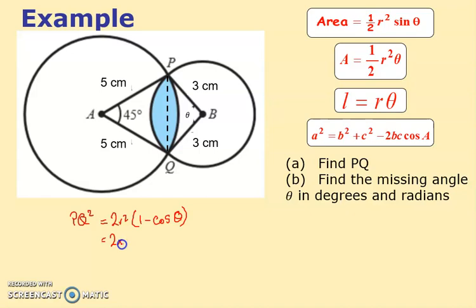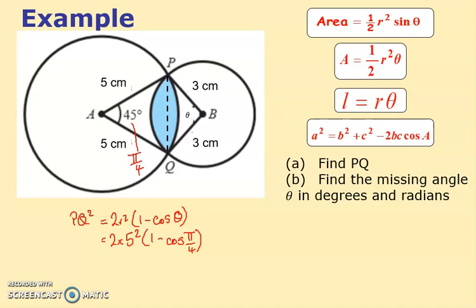So it's 2 times 5 squared, 1 minus cos, and it says 45 degrees. Now I think I'd prefer that as pi by 4, simply because then I can stick with pi by 4 all the way through this. I don't have to change it if I need to do anything in radians using the other formula.